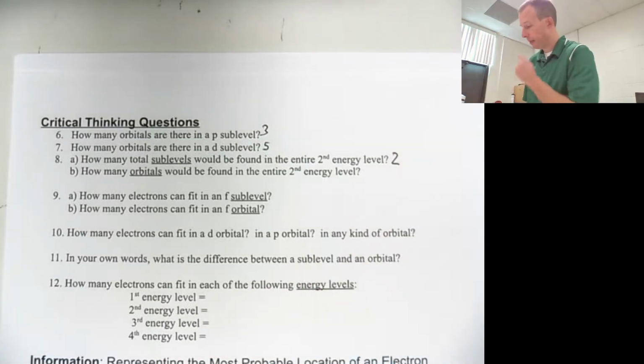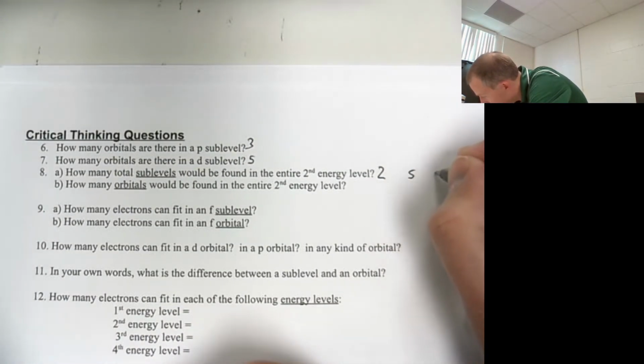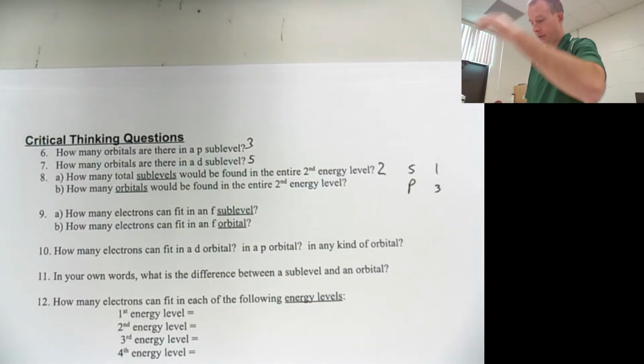But then it asks, how many orbitals are there in the entire second energy level? Now you have to think: S has 1 orbital, P has 3 orbitals, taken directly from this chart.